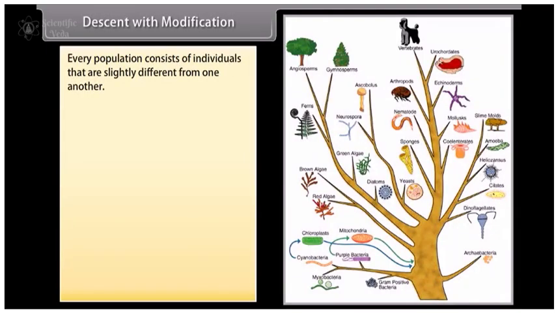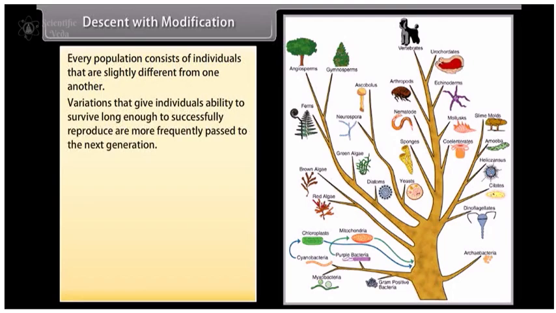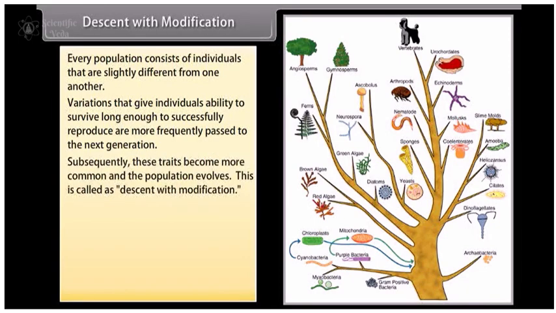Descent with modification. Every population consists of individuals that are slightly different from one another. Variations that give individuals ability to survive long enough to successfully reproduce are more frequently passed to the next generation. Subsequently, these traits become more common and the population evolves.